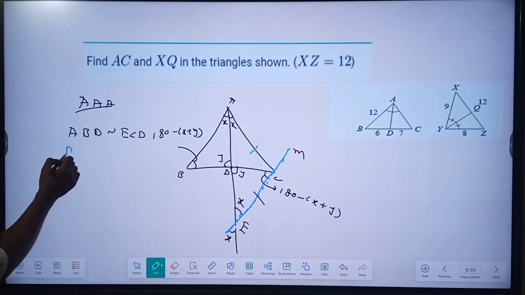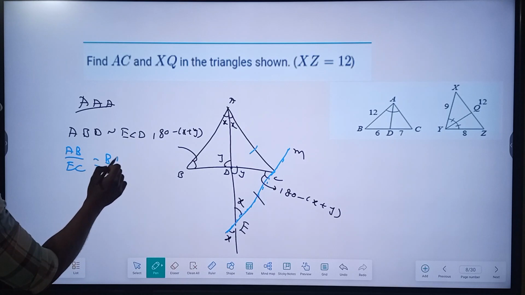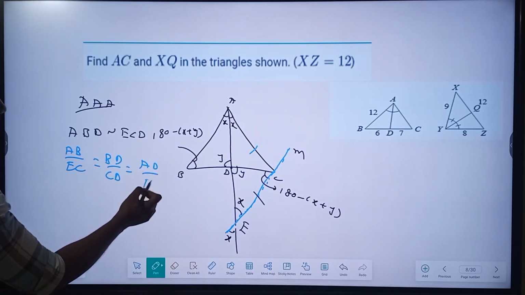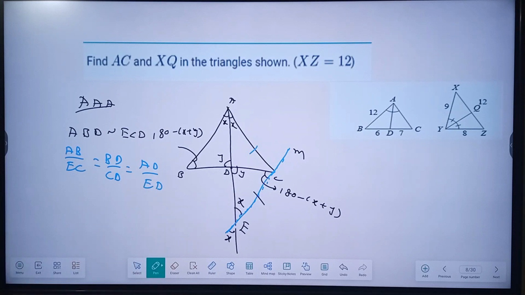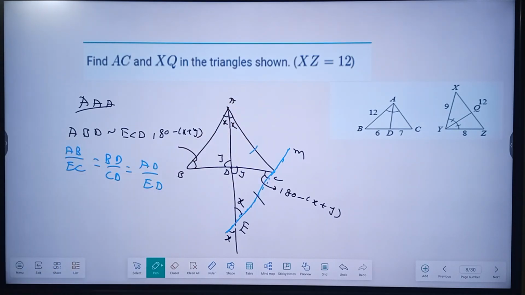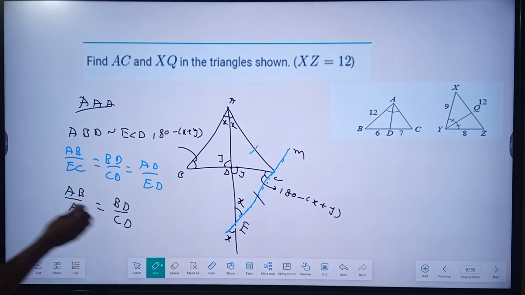From the corresponding ratio, AB divided by EC is equal to BD divided by CD is equal to AD divided by ED, and this EC can be written as AC. So AB by AC is equal to BD by CD.